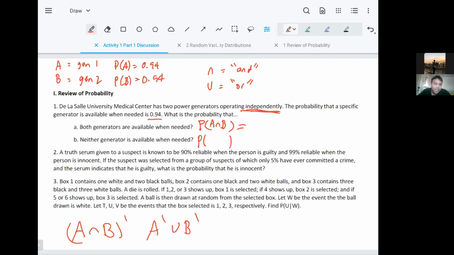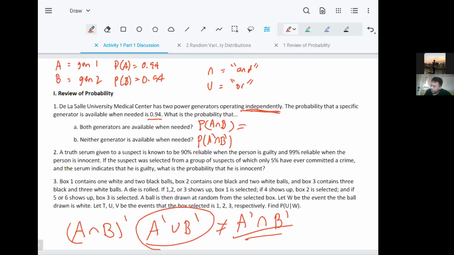Okay, tingnan natin maigi. Pag sinabing neither generator is available, parehas hindi available, di ba? So we can actually write it as hindi available si A and hindi rin available si B. So ito actually. And if we look at these two, hindi sila equal yan.